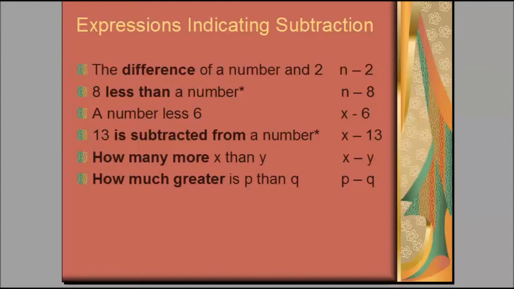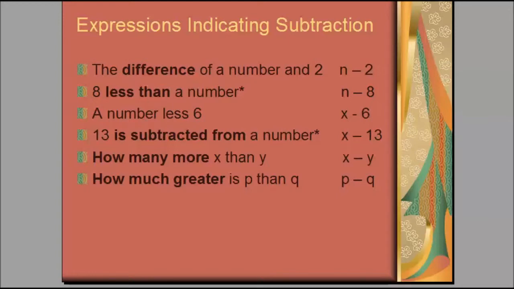Expressions indicating subtraction. The difference of a number and 2, 8 less than a number. Notice that in the verbal expression, the 8 comes first, but in the algebraic expression, the 8 comes after the variable. It's n minus 8, and it's reversed there.